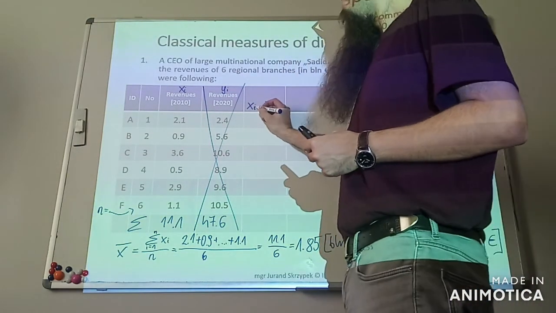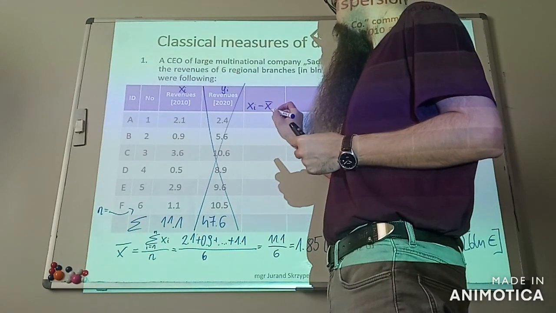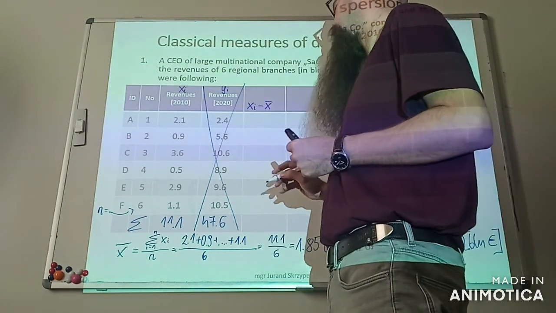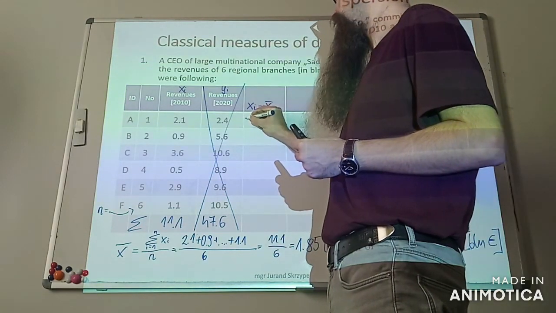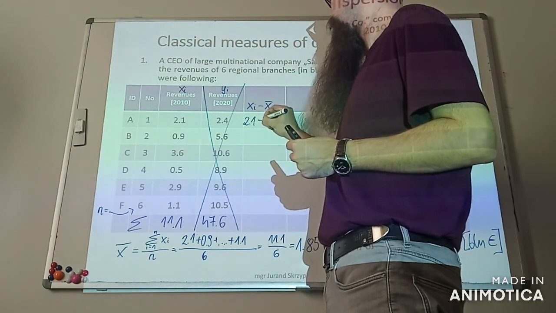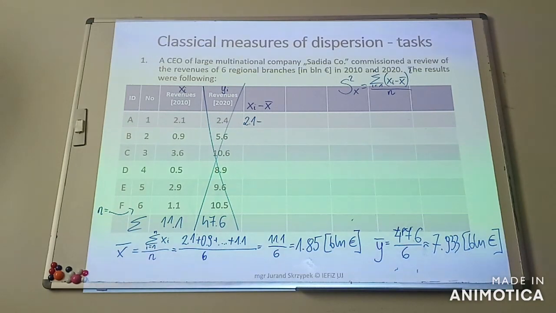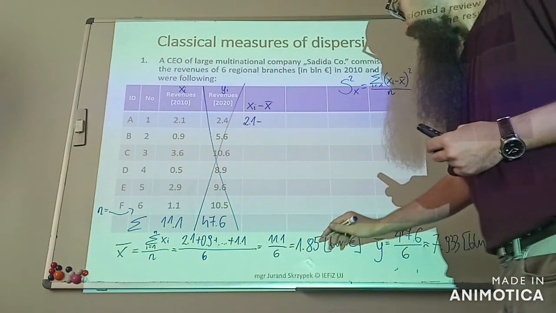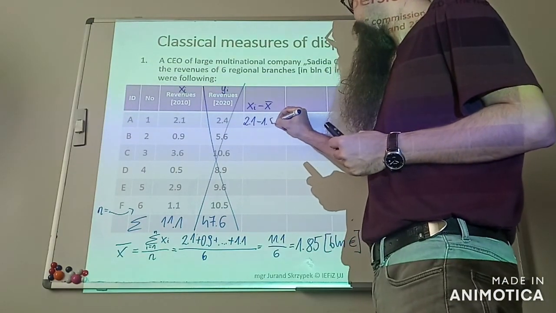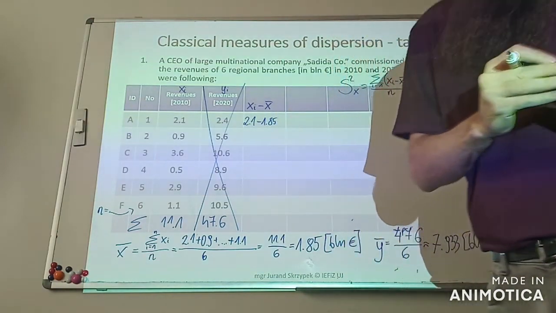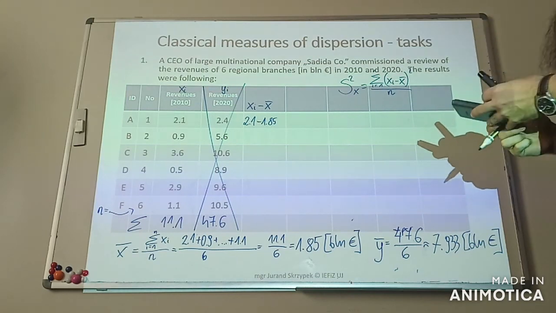So in the first step, here we have the first difference between xi and x mean. It means that from 2.1 we subtract the value of 1.85.